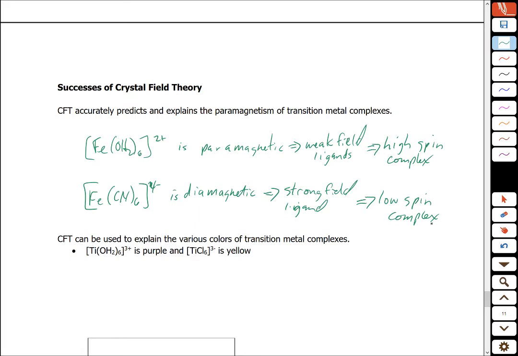So if you weigh a compound of hexaaqua iron 2 in a magnetic field and then you actually turn on the magnet, then when the magnet is on, the iron compound will appear to be heavier because it will be attracted into the magnetic field.